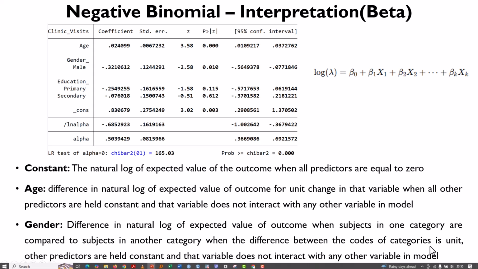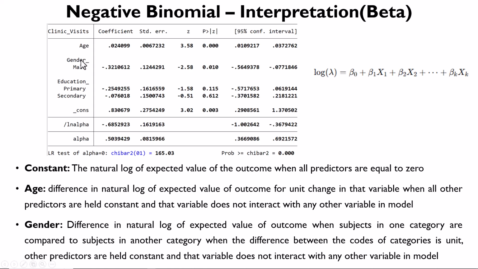There are other conditions that are included in the interpretation. For example, other predictors are held constant and that variable does not interact with any other variable in the model. Generally speaking, when you have a positive value for a numeric variable like age, it shows that for every unit increase in age, there is increased likelihood of having higher clinic visits.